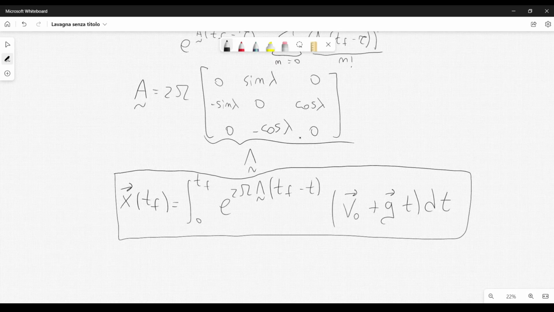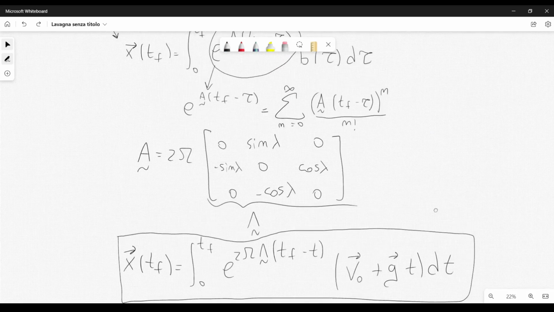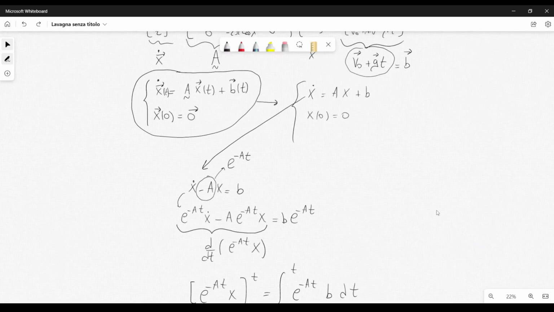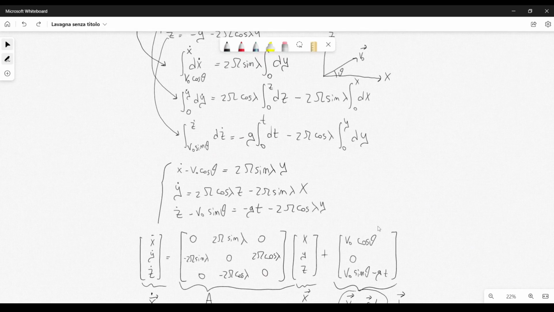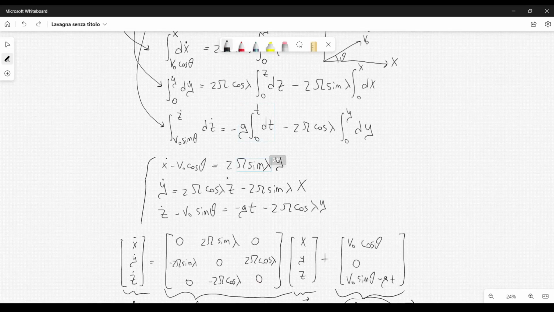And you might wonder, how do we calculate tf? And I will show you how to do it formally from this equation, but intuitively it is quite easy to do it if you go back to the system that we wrote here, for example.